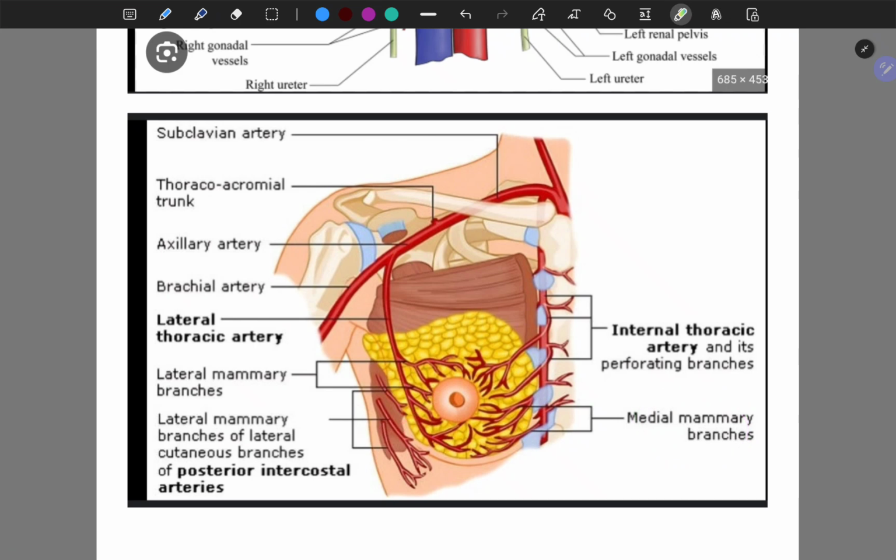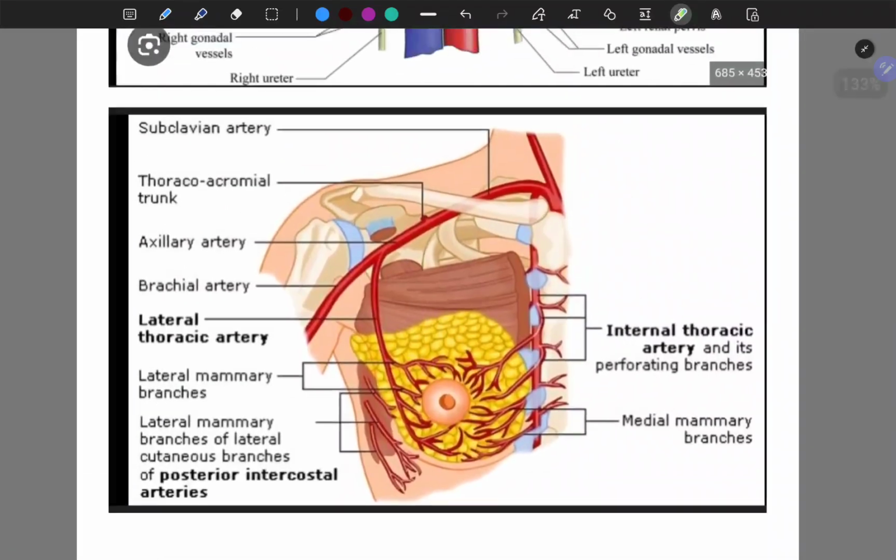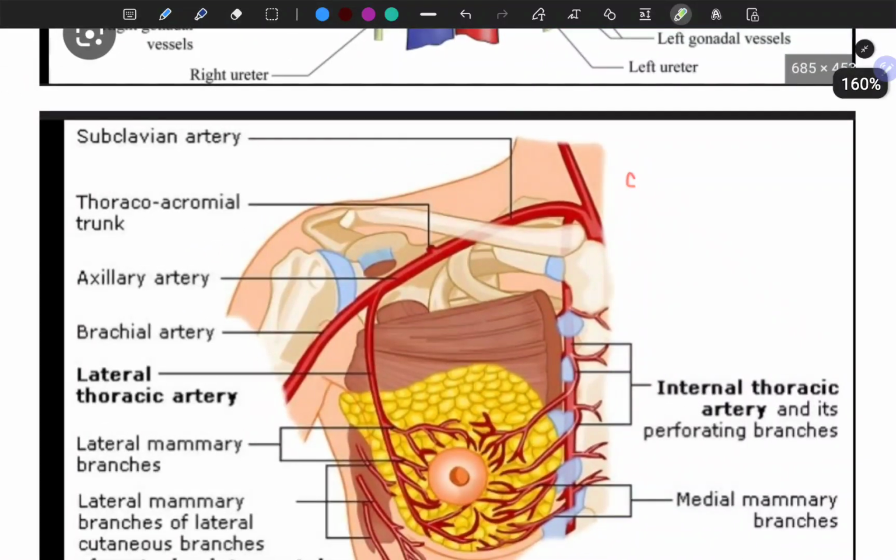So I want you to know a very important anatomical question, the subclavian artery. The subclavian artery divides into three parts by the pectoralis minor muscle. The first part gives rise to 3 branches, the second part gives rise to 2 branches, and the third part gives rise to a single branch.